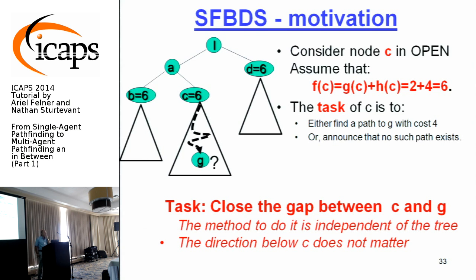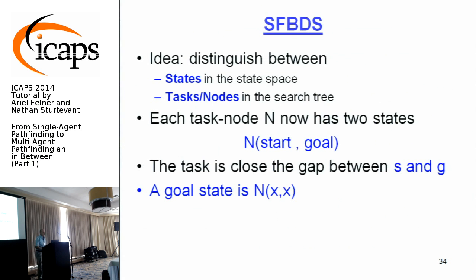So I would like to focus on this black box and suggest switching the direction of the search from time to time, as long as I'm communicating my results to other parts of the tree. This is the motivation. So single frontier bidirectional search: I'm using a regular search, but I'm switching my direction in internal nodes according to the current task, while still communicating.